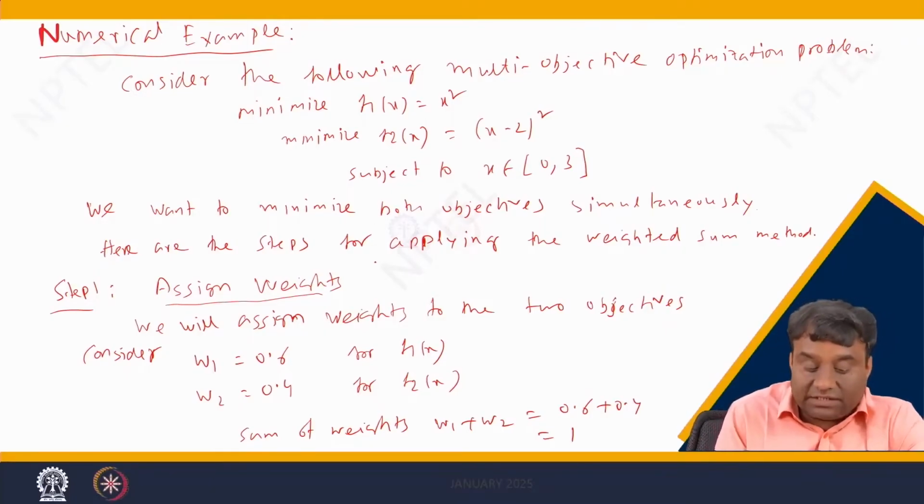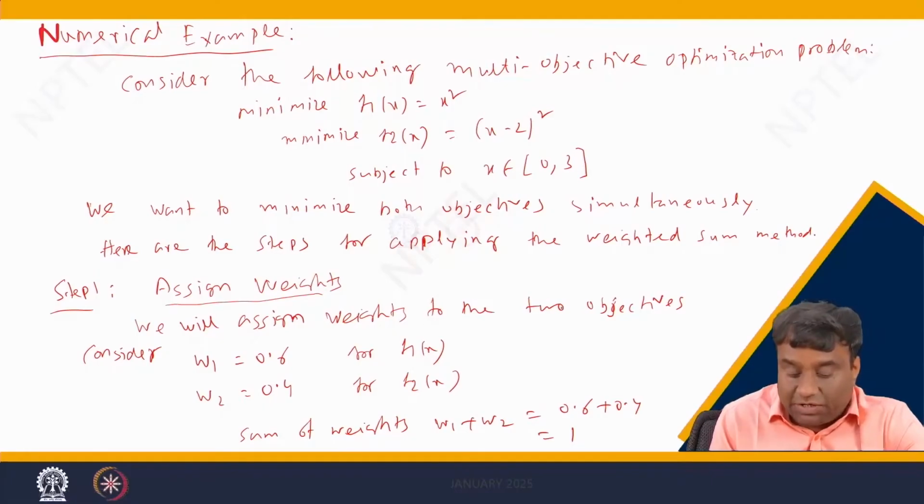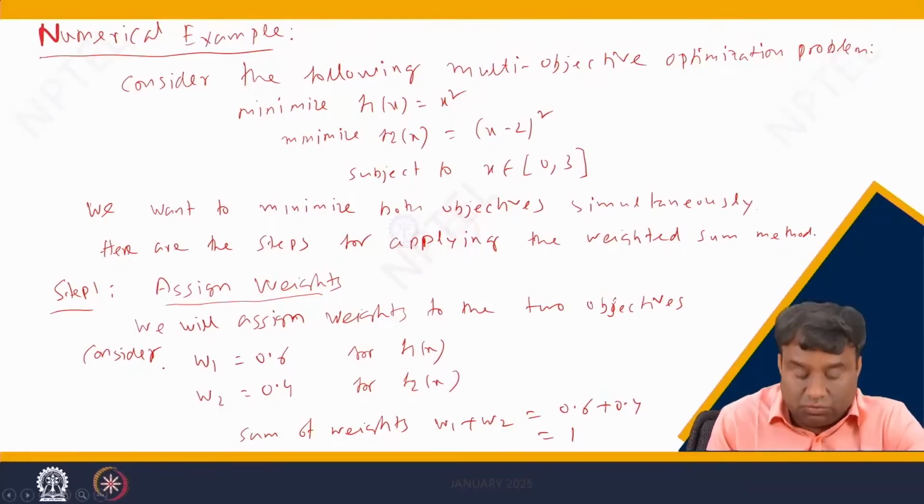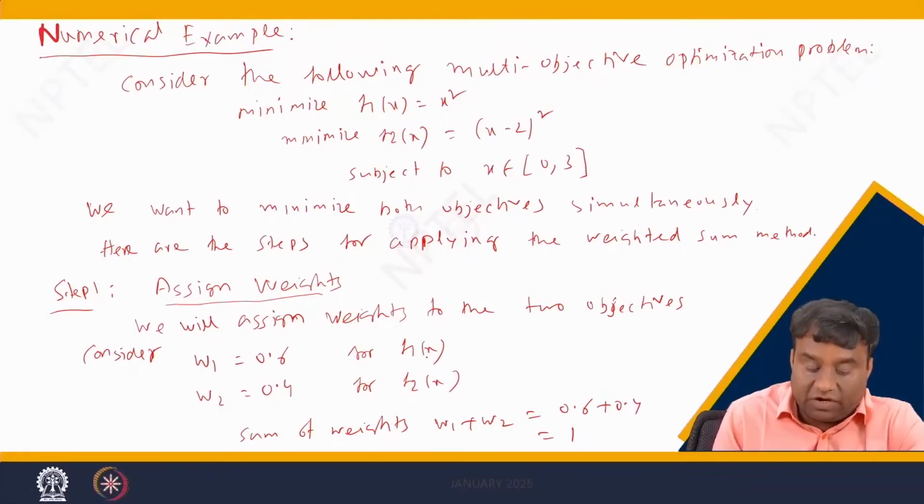So these are the steps for applying the weighted sum method. First step, assign weights. We will assign weights to the two objectives, depending on the importance of the objective. We are thinking that our aim is to minimize f1(x), so f1(x) importance is slightly more than f2(x), so we set weight w1 equal to 0.6.